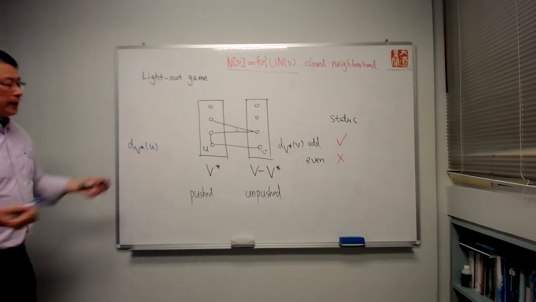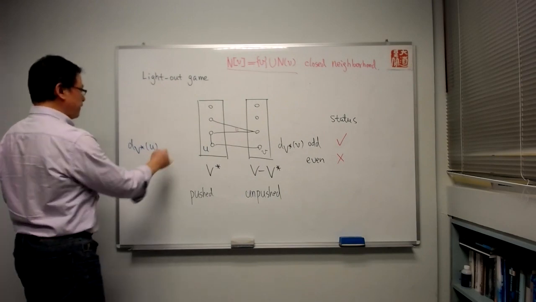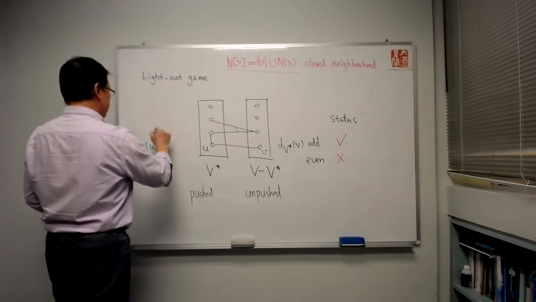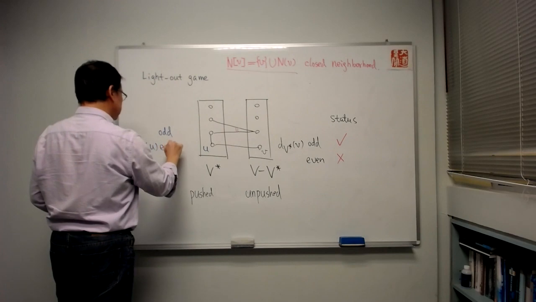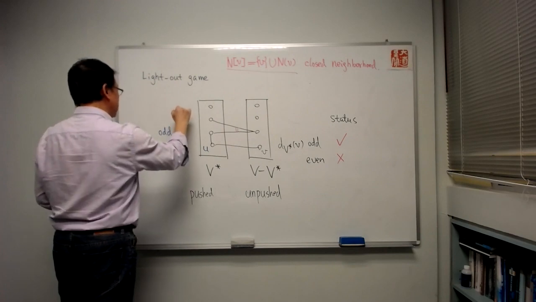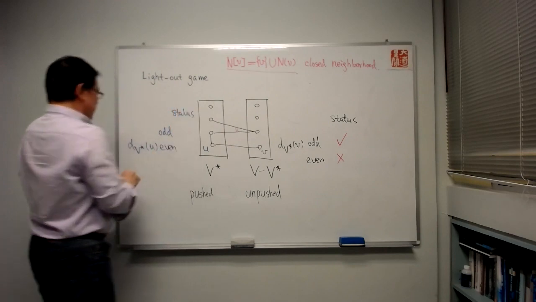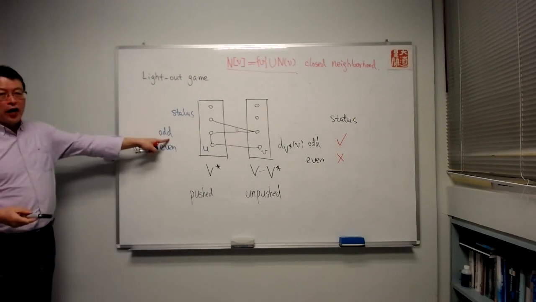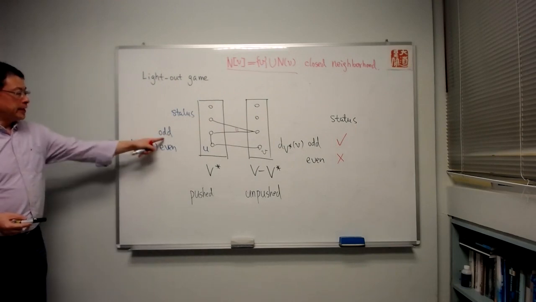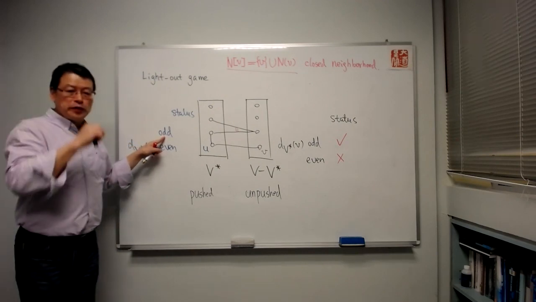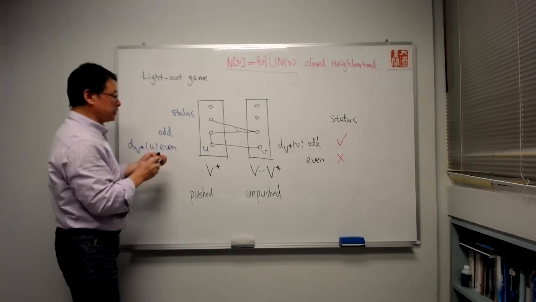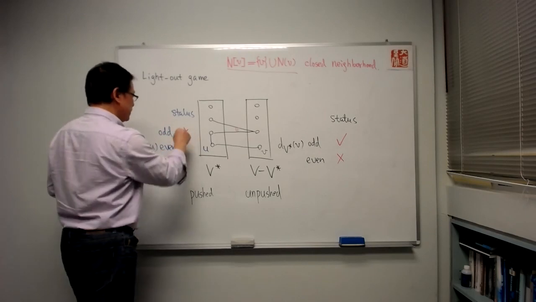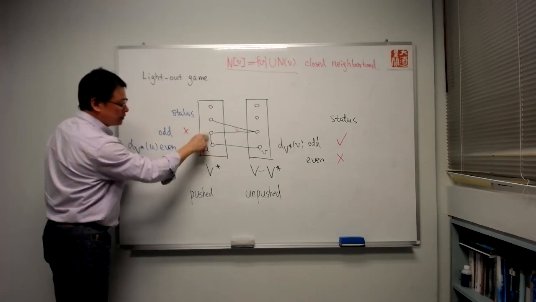So degree has two possibilities. One is odd, one is even. Again, it depends on this one. Now, when its degree is odd, the number of vertices in its closed neighborhood actually is even. So when it's odd, actually no change. So this is the situation odd, 1. All right.